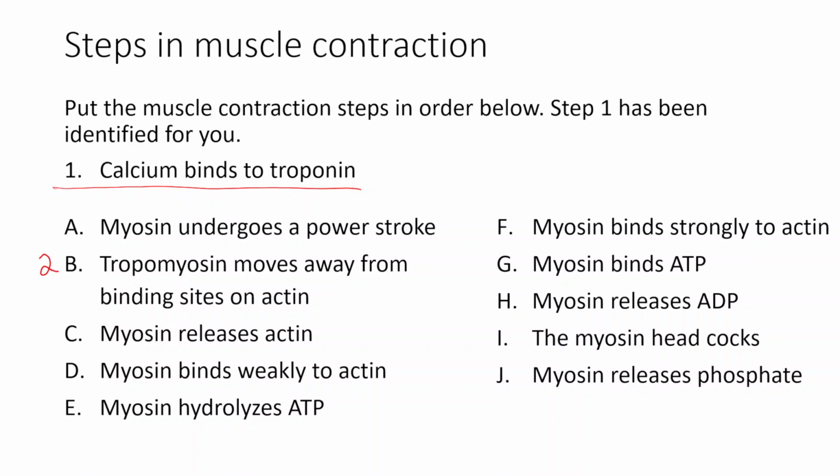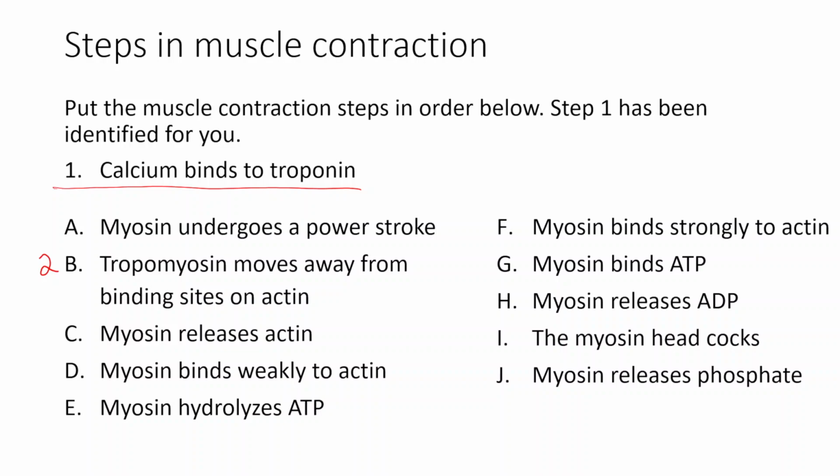We talked about before how after calcium binds to troponin, that's what lets the tropomyosin move away from the binding sites on actin. I would say the step after this is more tricky because now you have to know where in the cycle you're jumping in. So where did we pause while we were waiting for calcium, and therefore where are we going to pick back up? So does anybody know what would happen next?